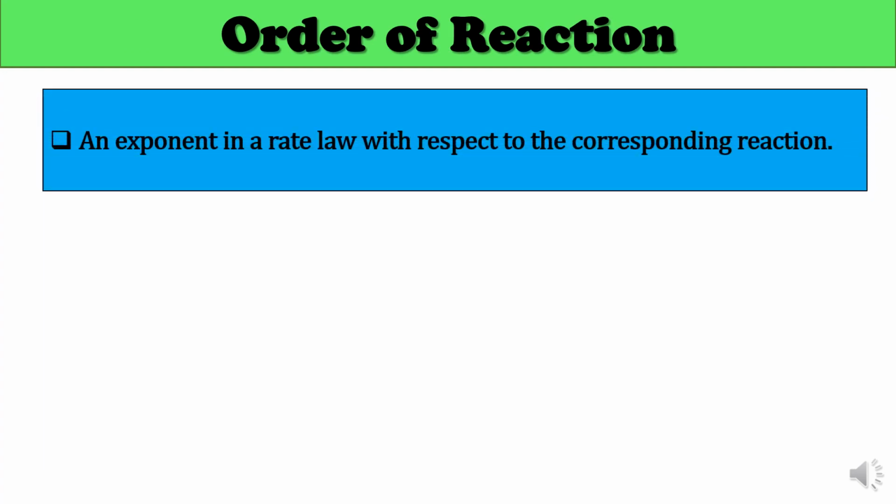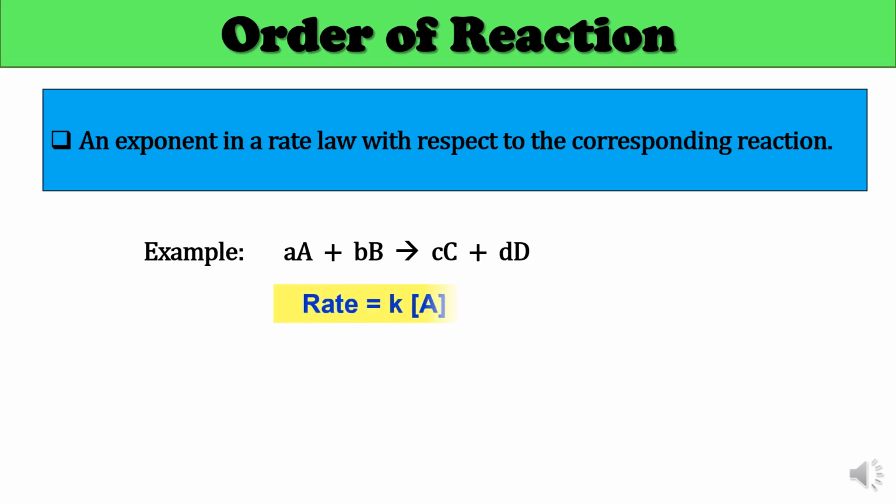Order of reaction is defined as an exponent in a rate law with respect to the corresponding reactant. For example, A reacts with B to produce C and D. The rate law for the given reaction is rate equal to k[A]^x[B]^y. The exponents on the concentration of A and B refer to order of reaction.